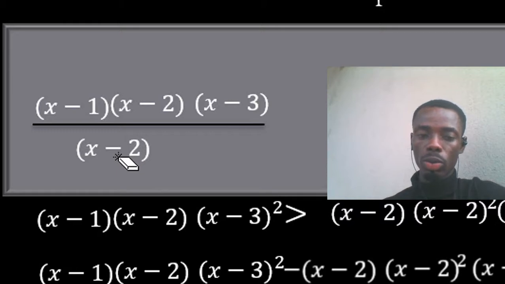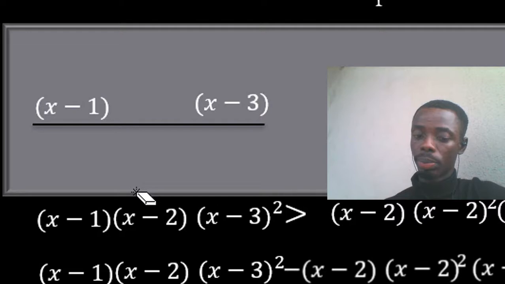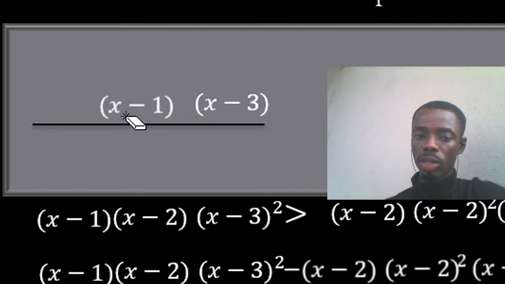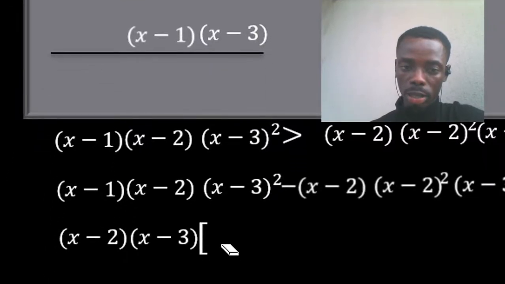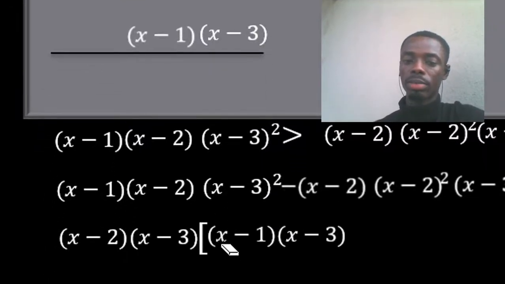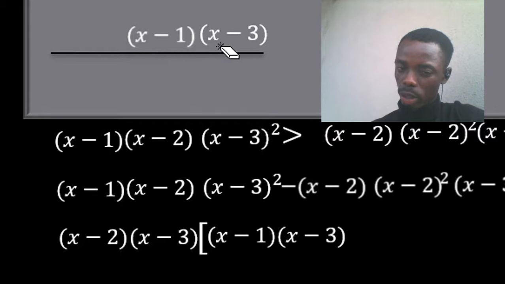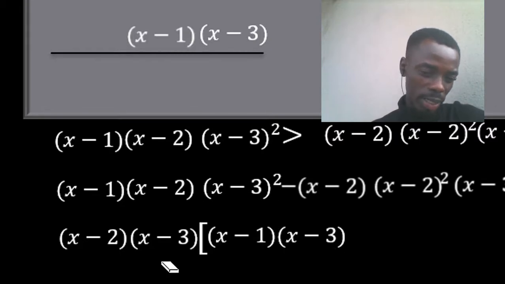So coming here, x minus 2 and x minus 2 cancel each other. They're gone. So I'm just left with x minus 1 and x minus 3 right here in the brackets. And that's what I'm going to be having. x minus 1, x minus 3 is what I'm having right now in this bracket after factorizing.